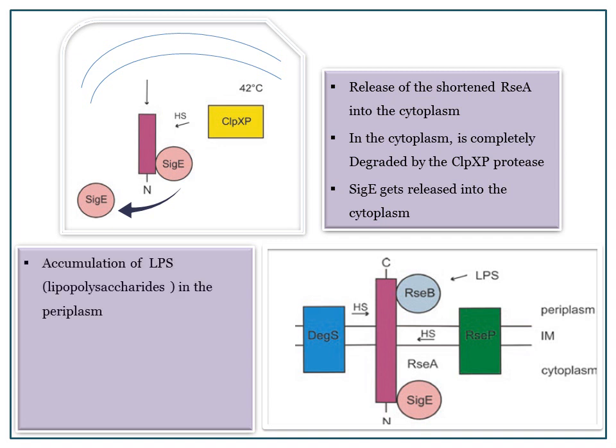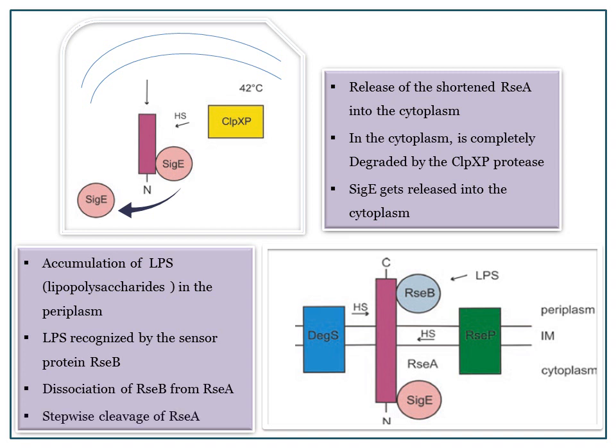Another level of regulation occurs through accumulation of LPS in the periplasm in response to the change in temperature, where the LPS gets recognized by the sensor RseB, which is associated with RseA. This RseB gets dissociated, and this in fact destabilizes RseA, which is now degraded stepwise, and the path follows, that is, it is released in the cytoplasm where it is acted upon by ClpXP and SigE gets released.